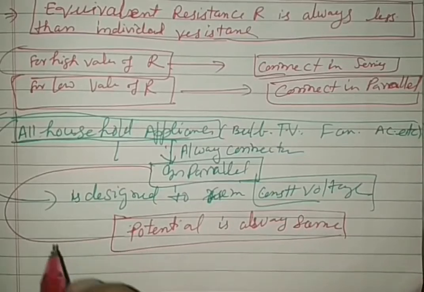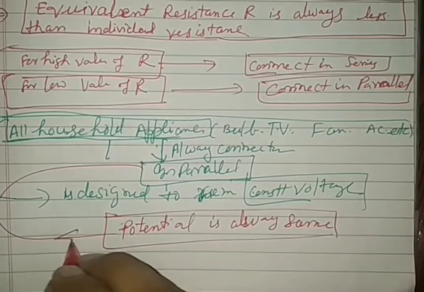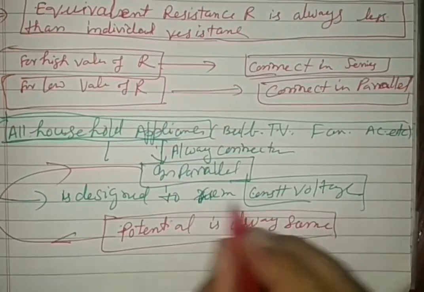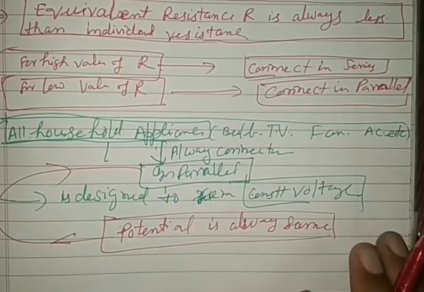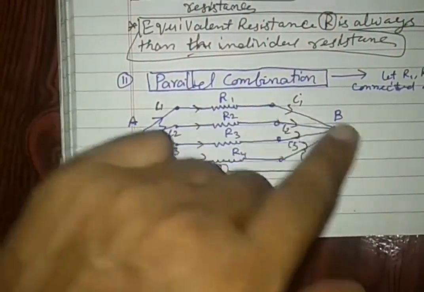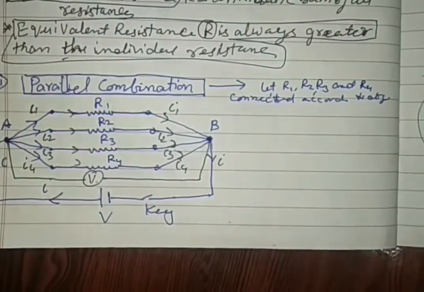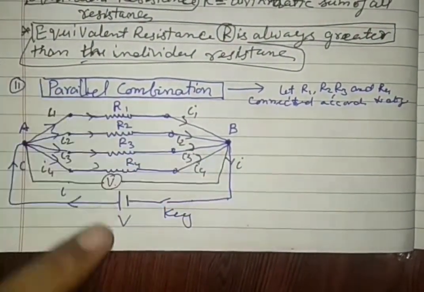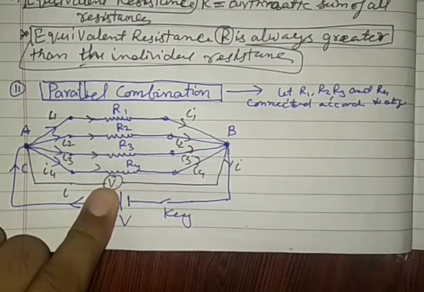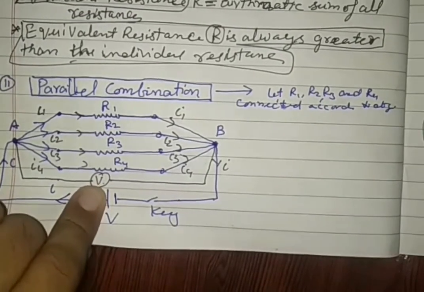That is why all the household appliances are connected in parallel, to obtain constant voltage; the potential is always the same. You can understand this by the diagram. See, if 4 appliances are connected in parallel, their resistances are different, but all will get the supply voltage. Household appliances are designed for 220 volt, so each appliance must get 220 volt. That is why they are connected in parallel.